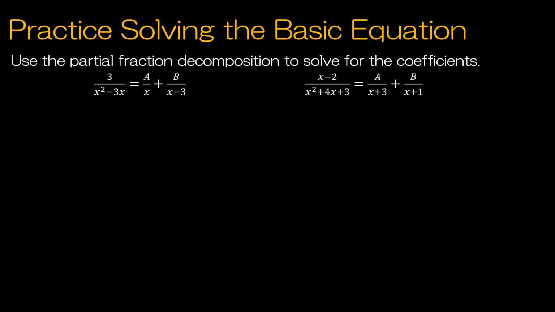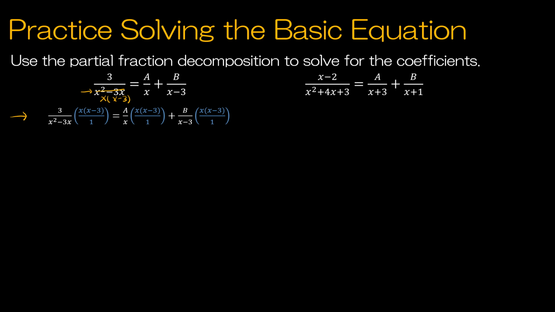And the very first step is to multiply everything by the original denominator. So that means every single fraction. Now I don't always show this step, but this is what you're doing. You're looking at the original denominator, which was x squared minus 3x, which if you'll recall, we wrote as x times x minus 3. We're multiplying everything by that denominator.